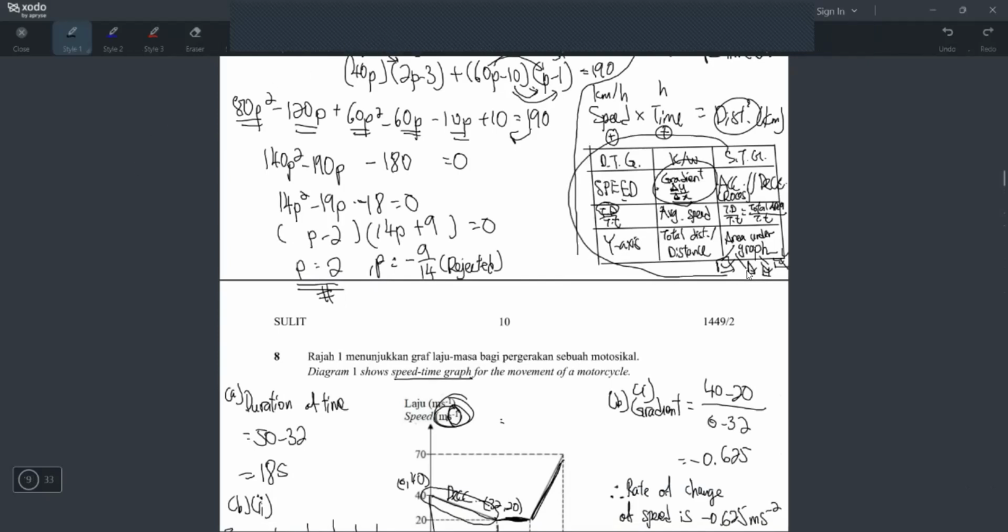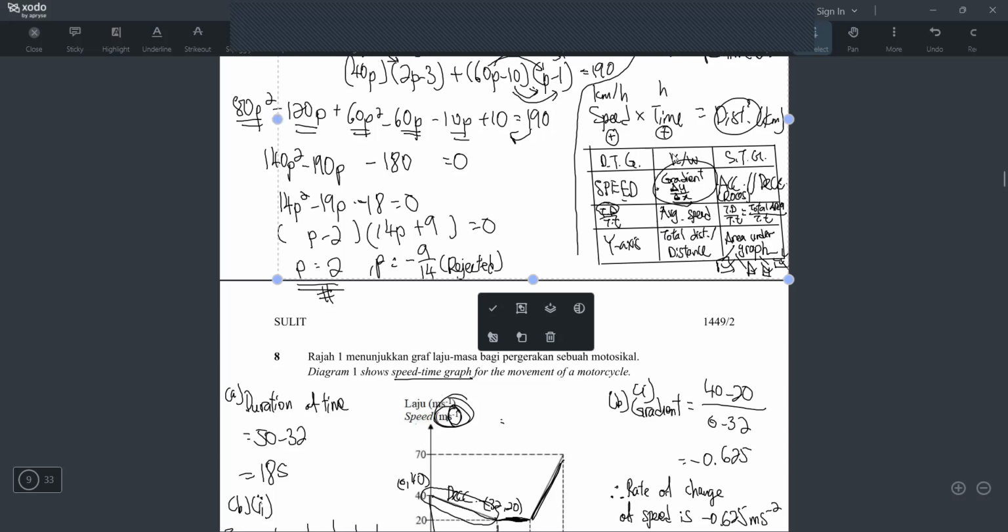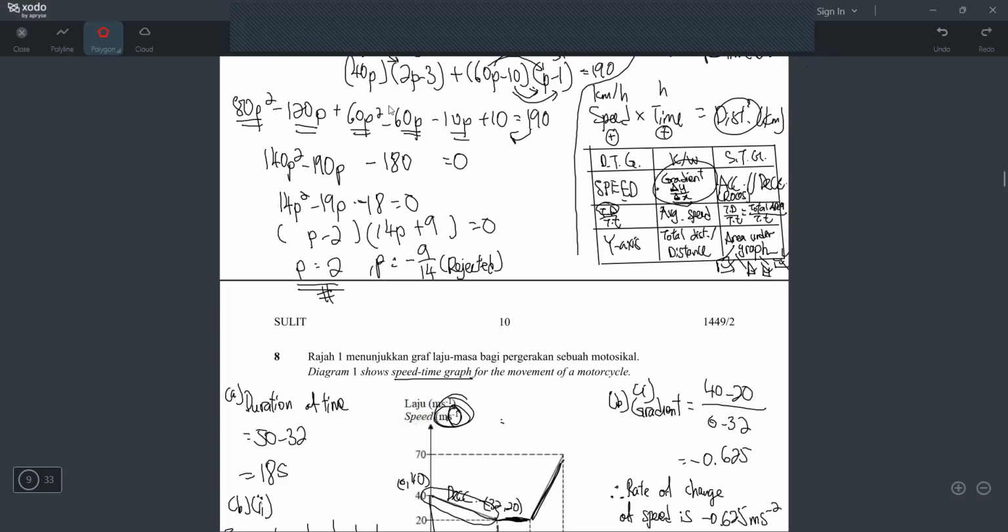So this is the one. You have to memorise this table if you want to do graph of motion. There's DTG and STG. In DTG, you use the gradient to find speed. But in STG, you use the gradient to find acceleration, and another name for acceleration is rokos. And what about distance? In DTG you use the y-axis, in STG you use area. Is there any way I can copy paste this? I don't think so, but it's fine. So this is the table.